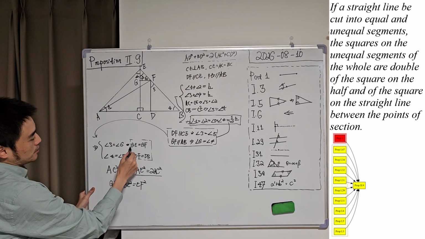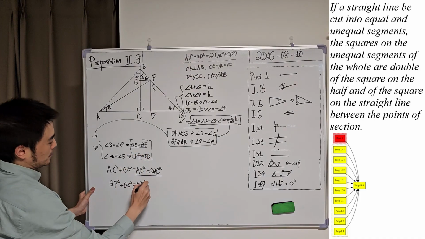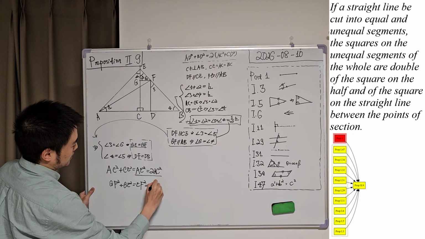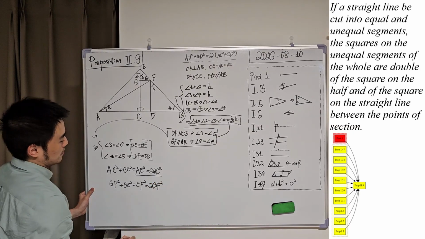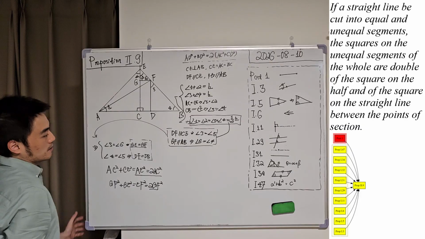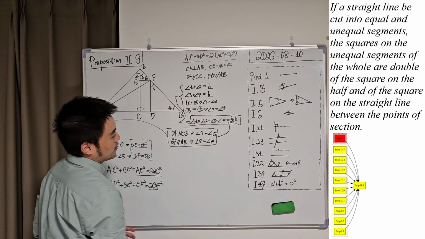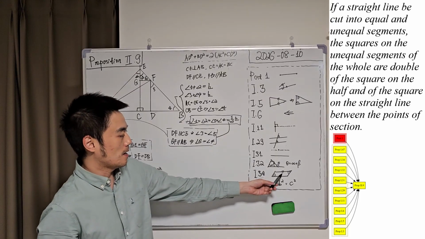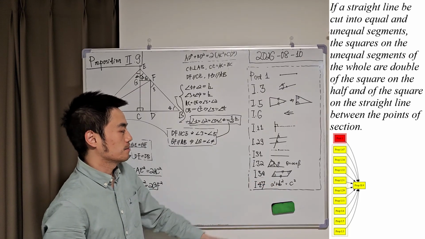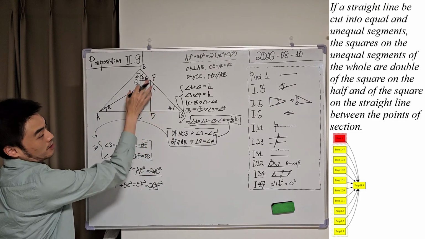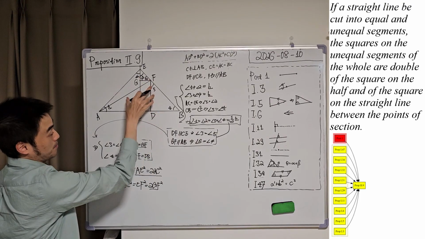And we already know that GF is equal to GE, so EF square is equal to twice GF square, correct? And if we recall proposition 34, we know that the opposite sides of a parallelogram are equal. So CEFG is a parallelogram because we constructed it like that. They are parallel, so it's a parallelogram.